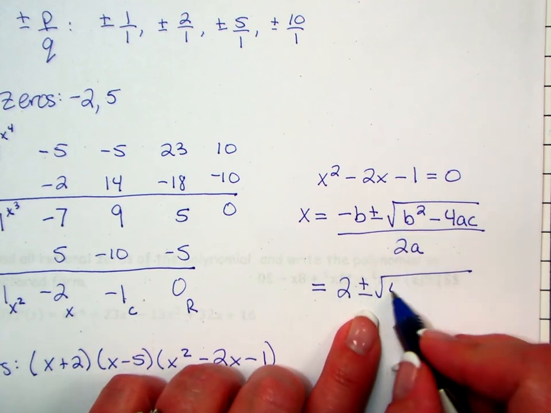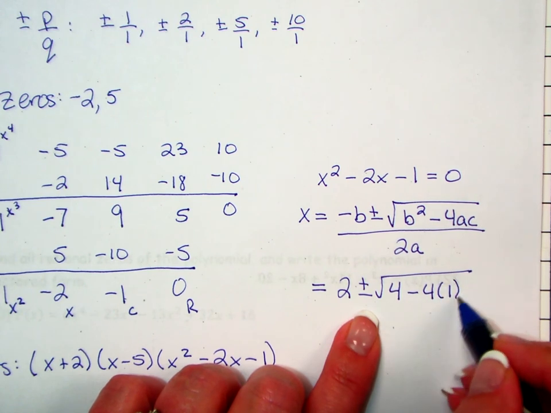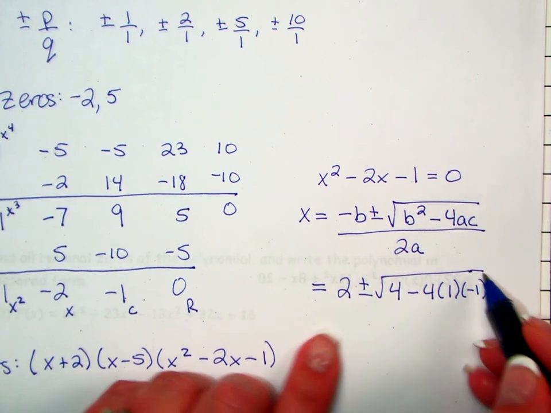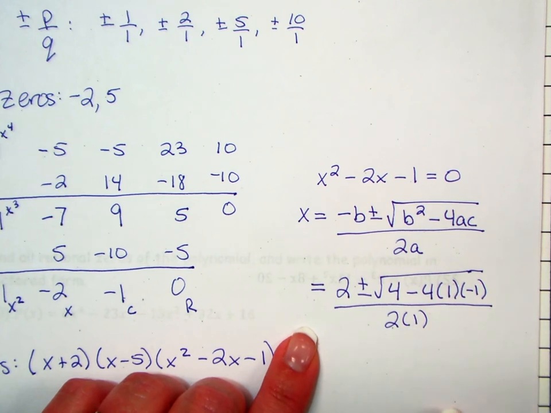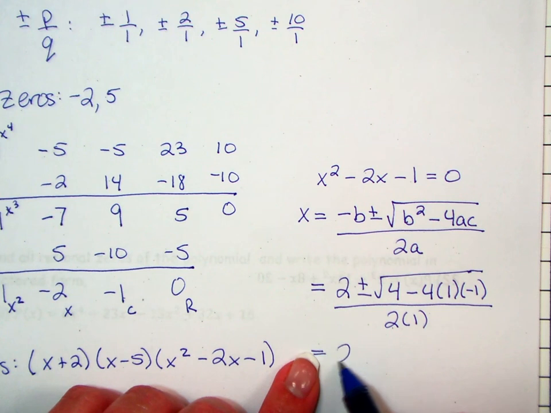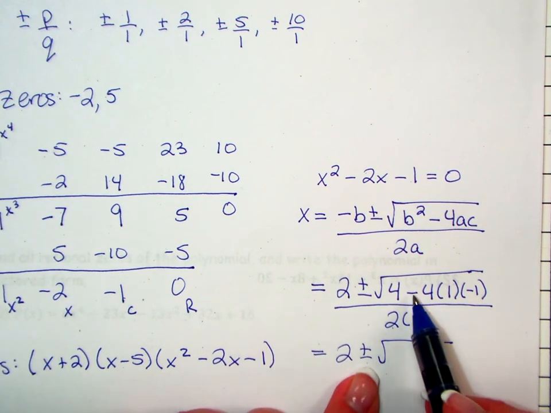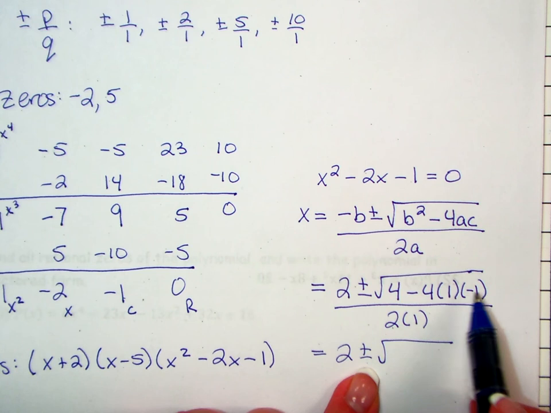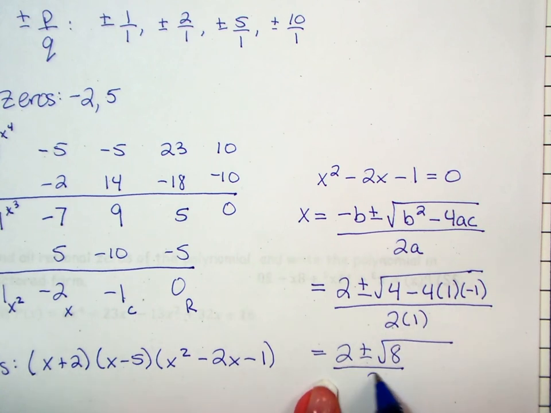Negative 2 squared is 4, minus 4 times a times c, all over 2a. Okay, so I'm going to get 2 plus or minus. Now underneath the square root, a negative and a negative is positive. So I really have 4 plus 4, which is 8 here, all over 2.